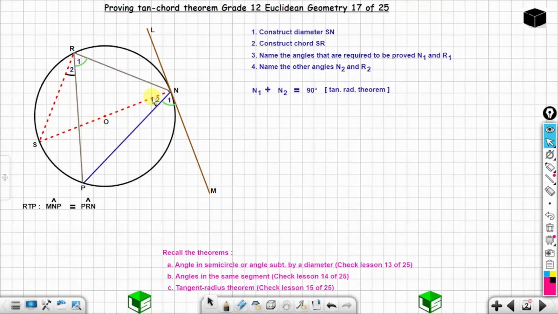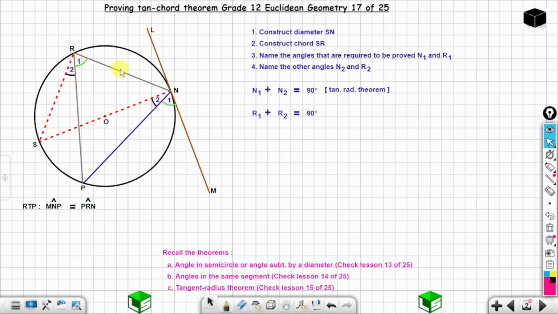You can also see R1 plus R2 is equal to 90 degrees.